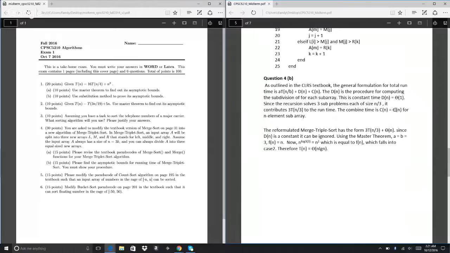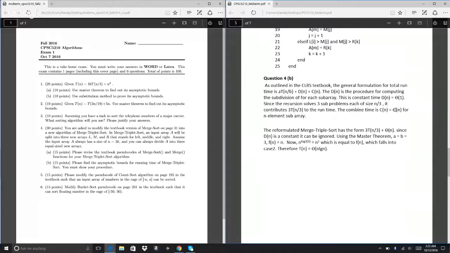So the recursion tree would follow the same path. The formulated merge triple sort has 3T of n divided by 3 plus theta n. Since the constant can be ignored, it's so trivial to the overall total runtime.